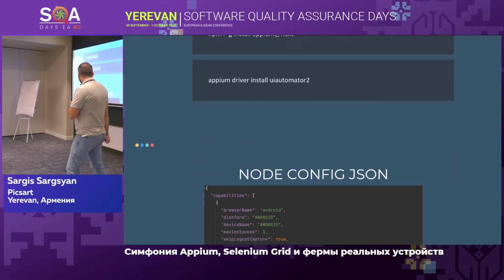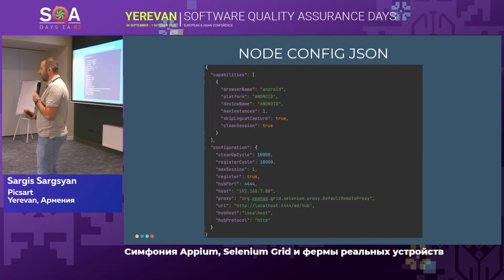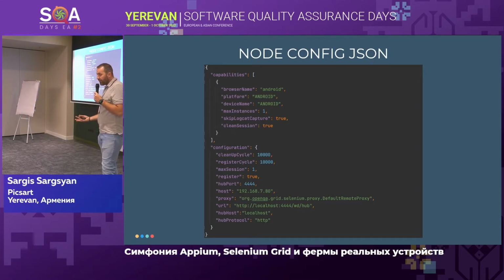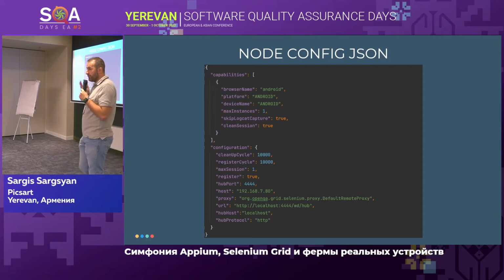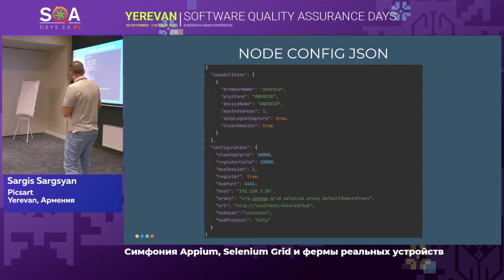So when we have Appium installed on the machine, we need to create this configuration file. This is the JSON file for the devices, so this is the configuration for the node. Basically, we are saying that this is for Android. Of course, for iOS, we'll have a different file. Max instances 1.